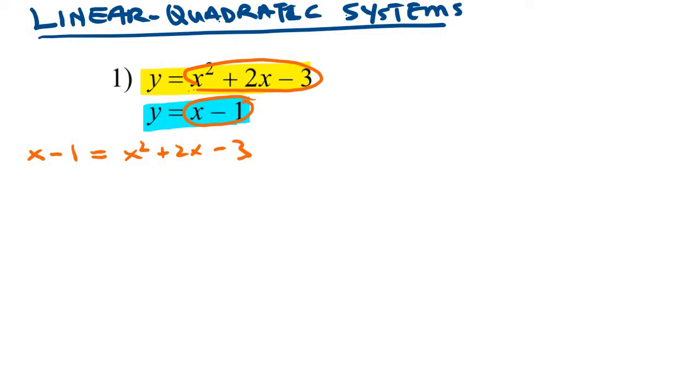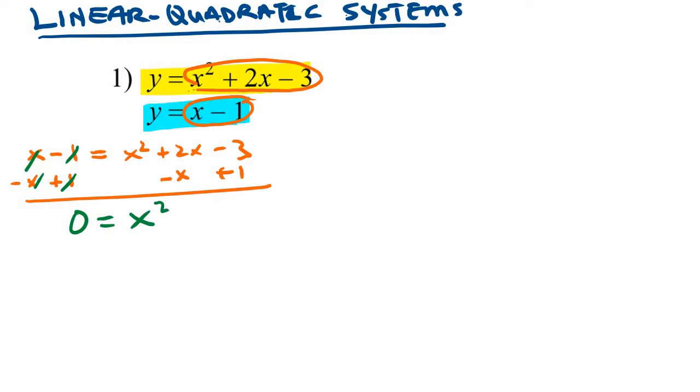Now we are going to use a method for solving quadratic equations to solve this. Let's get rid of the x and the 1 from both sides at the same time by doing the opposite. The left side cancels out and you have 0 left, and here will be x squared plus x minus 2.